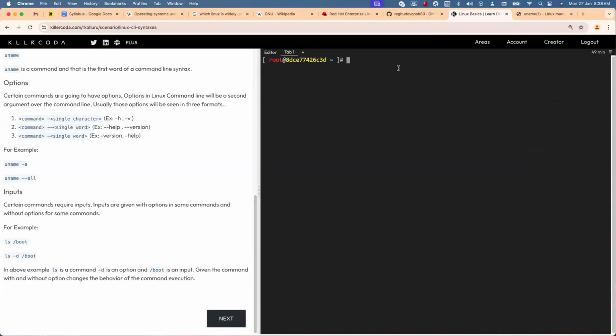Make sense? Any questions on this? And also, a command may or may not have options, and a command may or may not require inputs. These are the thumb rules you should at least understand. Yeah. Any questions?